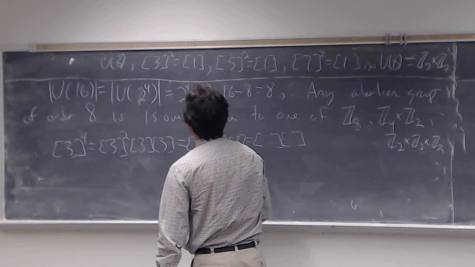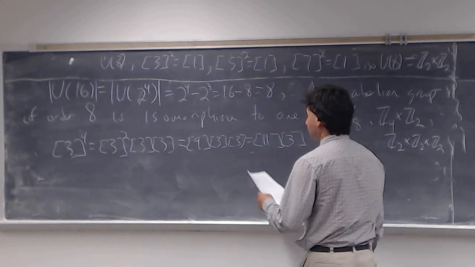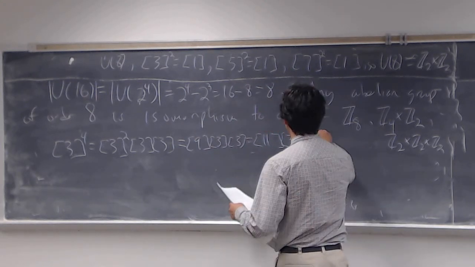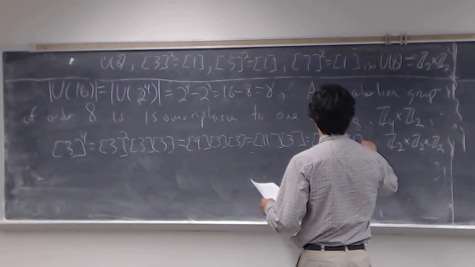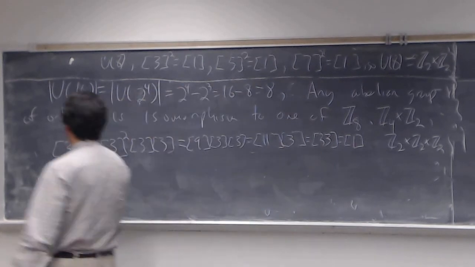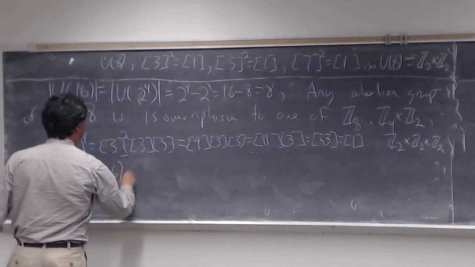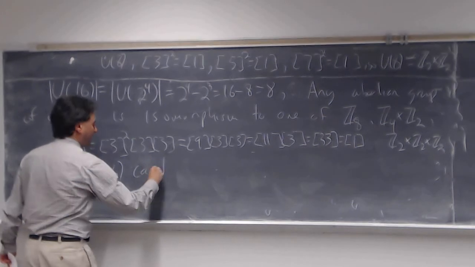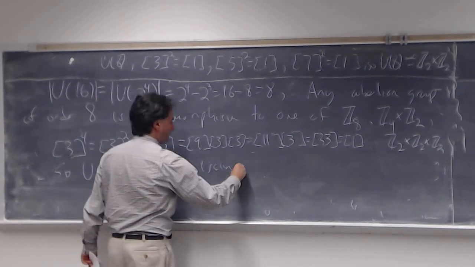But mod 16, 27 is 11, so it would be 11 times 3, which would then be 33, which is congruent to 1. So U16 cannot be isomorphic to which one?